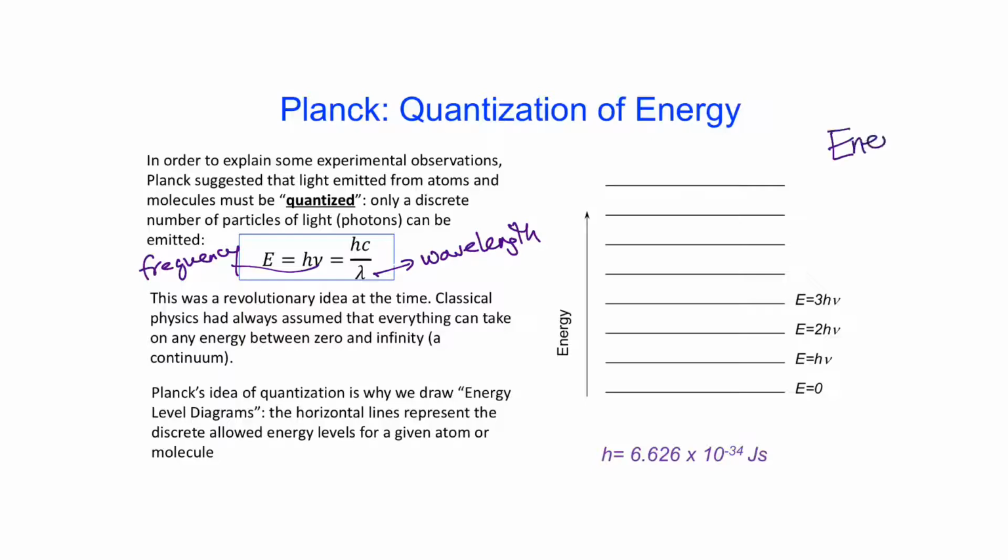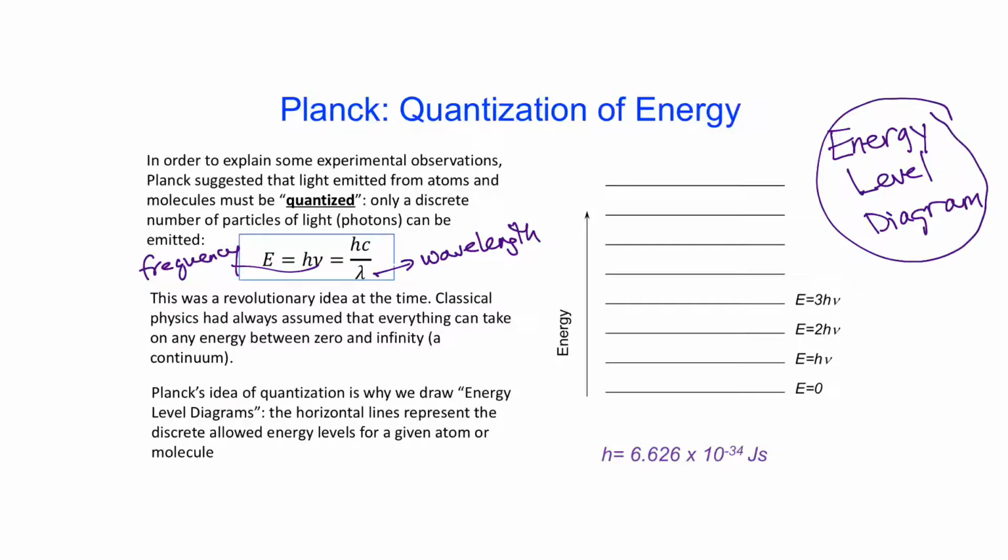When you see these diagrams with energy on your y-axis and a bunch of horizontal lines, that is referred to as an energy level diagram. Here each horizontal line essentially represents an allowed energy of this particular atom or molecule.